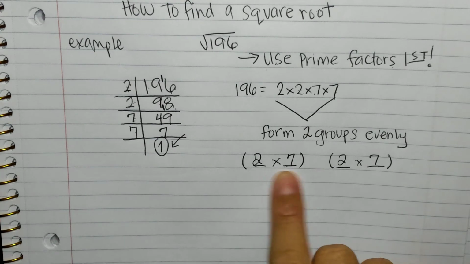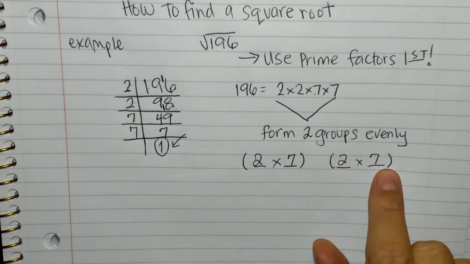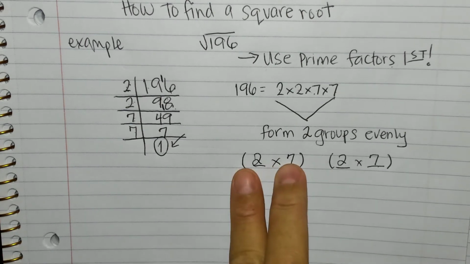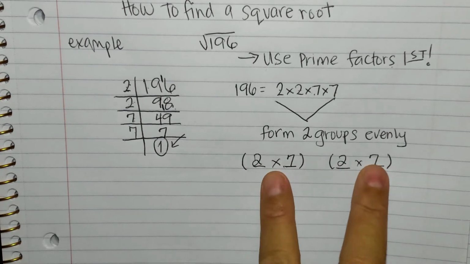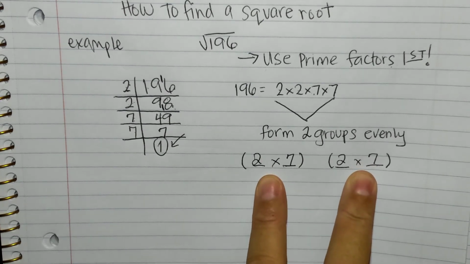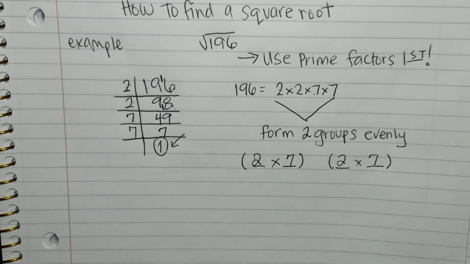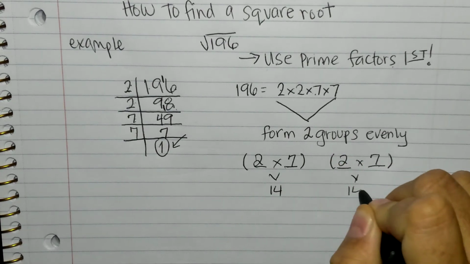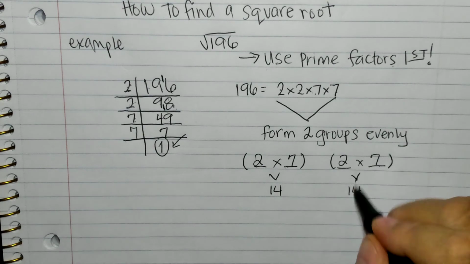I can't put 2 times 2 and 7 times 7 because those two groups won't be even. Has to have the same numbers. These have to be the identical groups. These two groups have to match. And the reason they have to match is because whatever I get has to be the same.